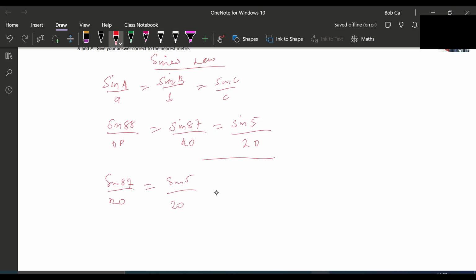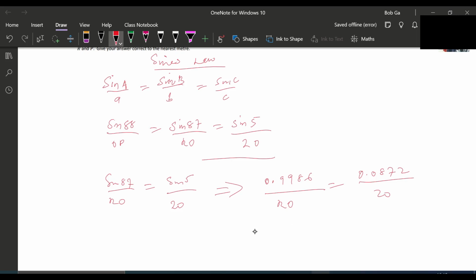Sine 87 gives us 0.9986 over RO must be equal to, let's look for sine 5 now, it gives us 0.0872 over 20. Okay, so it's now easy. We can easily get RO.